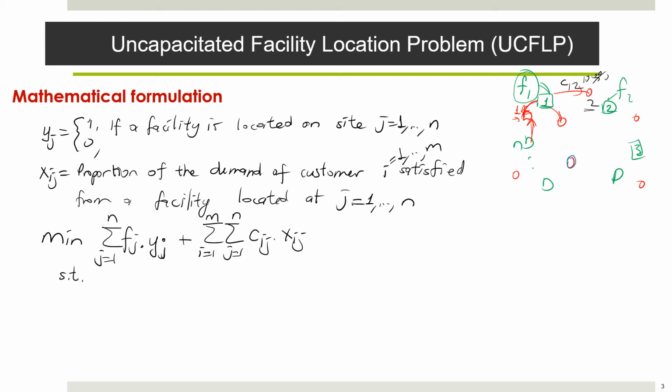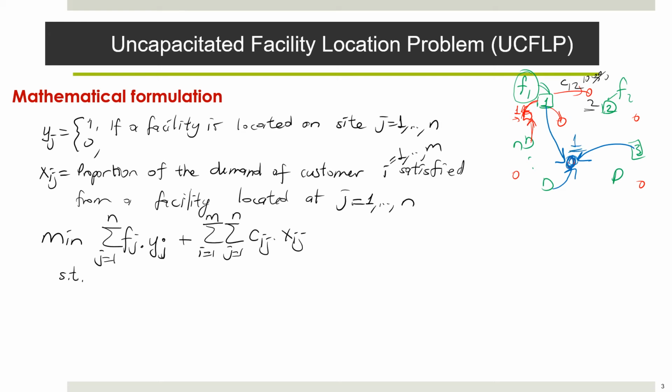We can locate a facility here and satisfy some proportion of its demand from there. We can locate another facility here and satisfy some percentage from there. Another one may be here and satisfy a percentage. But in total, the total percentage coming from these facilities must be 100%, or must be equal to 1.